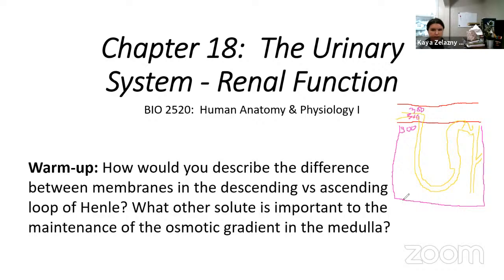Then that medulla, to allow for continuous reabsorption, increases to 1400-ish milliosmoles as we descend deeper and deeper into the medulla. So really the reason we have this gradient is that we have a difference in what the descending limb versus the ascending limb is able to do.